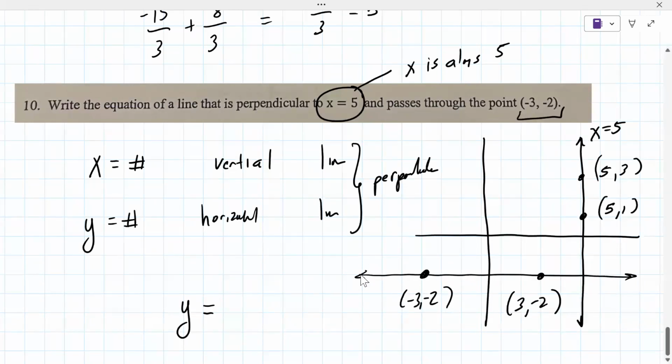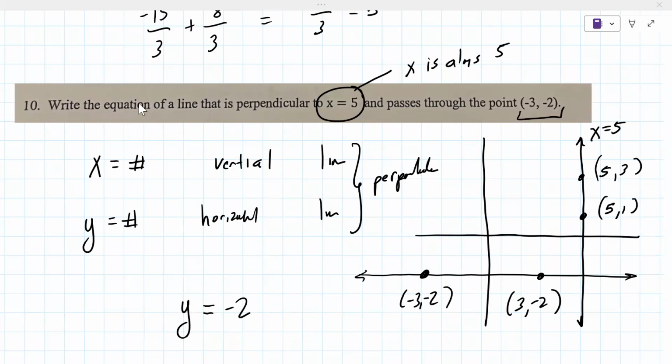All right, what is y always on this line? What is the y value always in this case? -2. So you actually don't even need to graph this, it just helps. You have to know though that vertical lines and horizontal lines are always perpendicular, and that the point actually tells you what it's going through there.